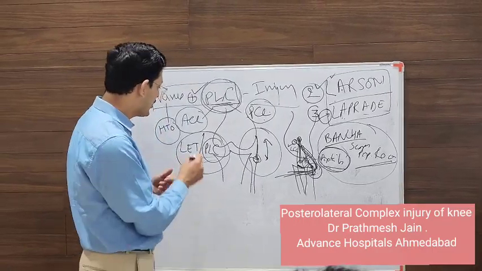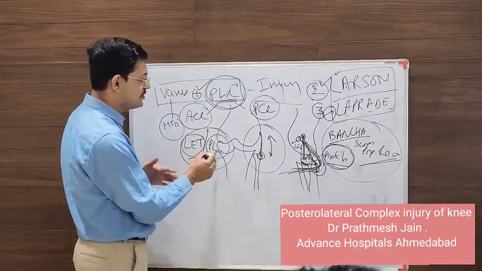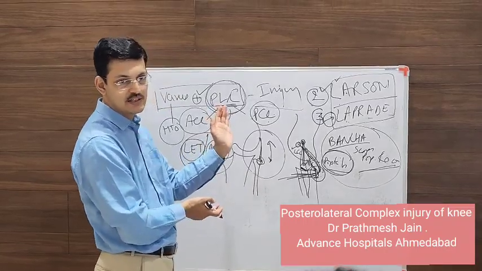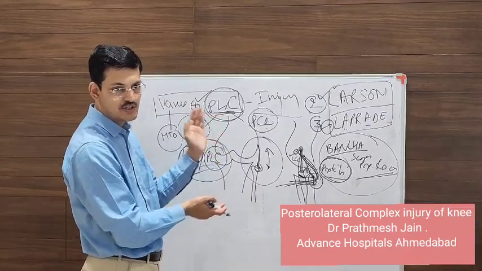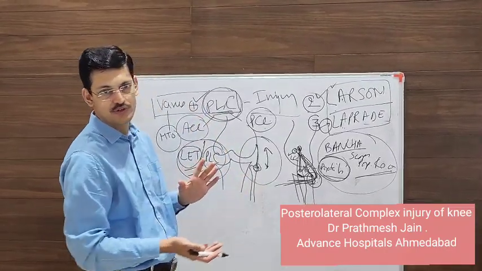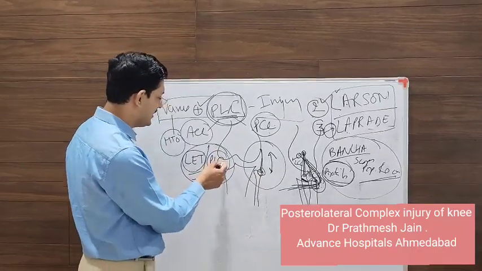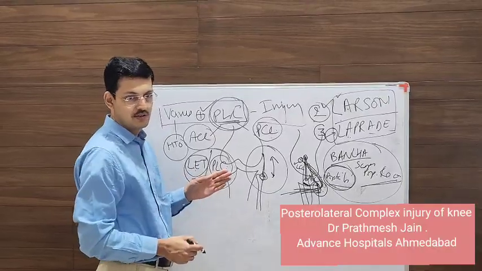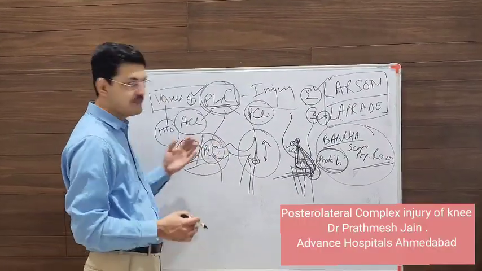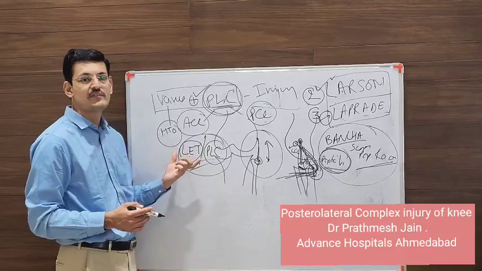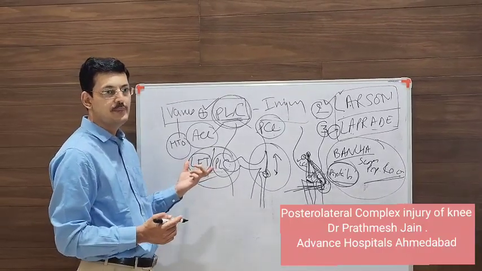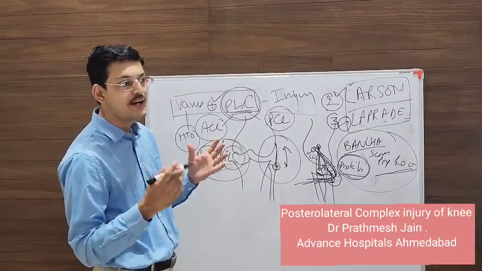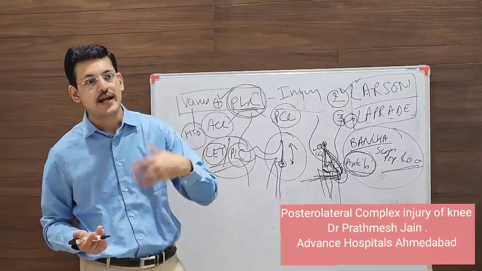LET you do for a high grade pivot, whereas PLC you do when there is a varus thrust, there is an opening and increased external rotation. So if it is there, then you do PLC. If you do PLC, don't do LET. If you do LET, don't do PLC. So you can do only one of these procedures, because in most of the revision scenarios of ACL, you will tend to be inclined to do an additional procedure.